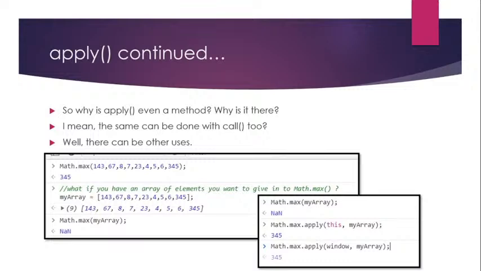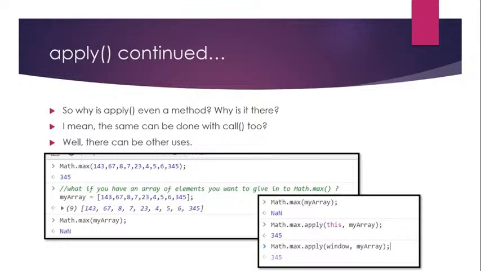But what if you have an already defined my array in your set and you want to use it with math.max? Well, it won't work. It will just give you a not a number value, because math.max takes numbers as parameters, and you're not giving those numbers. Well, you're actually giving my array and you're not giving these numbers. Okay, that means in the place of numbers you're giving an array, and that means nothing.